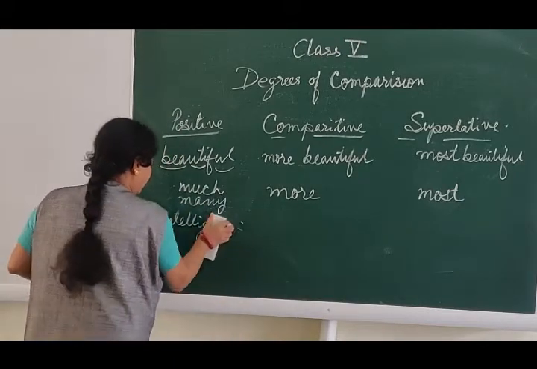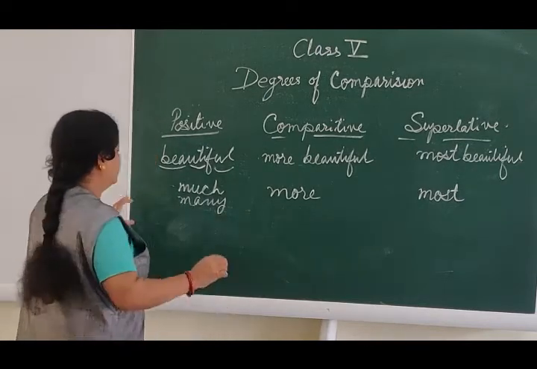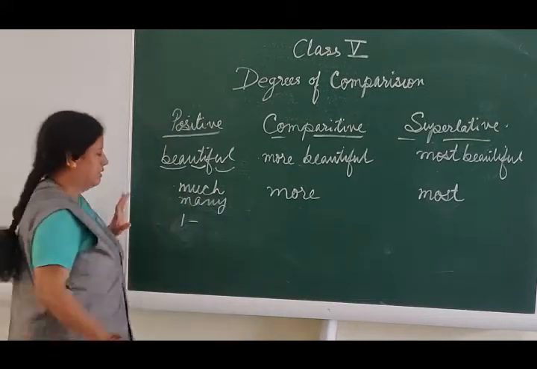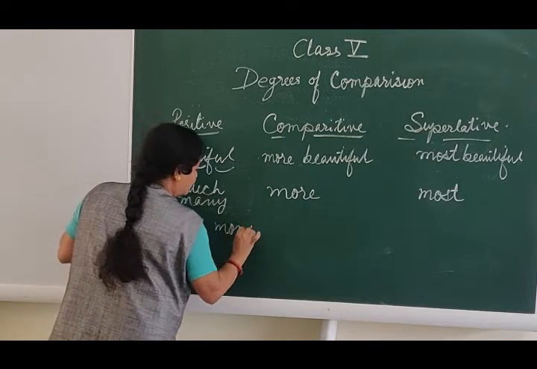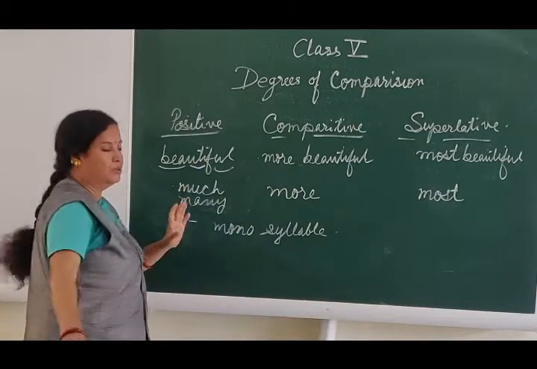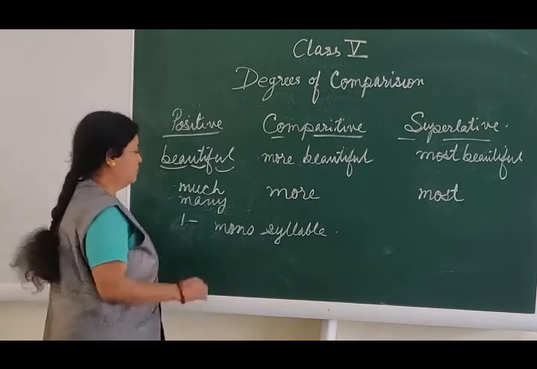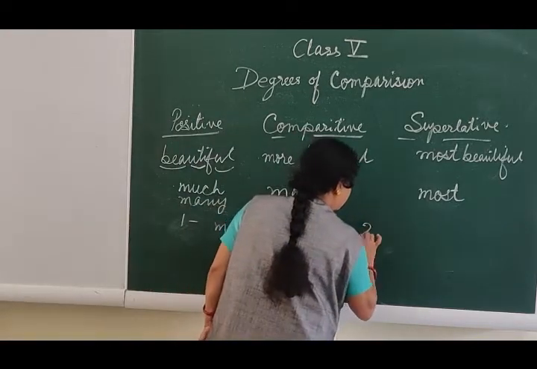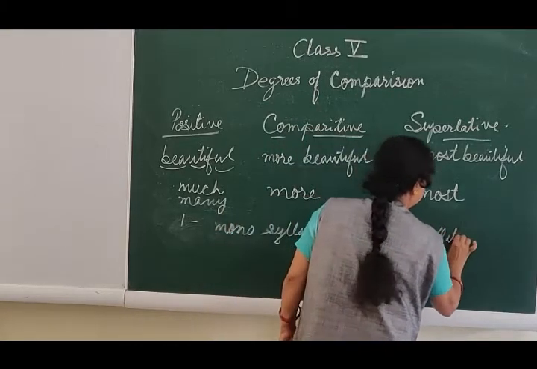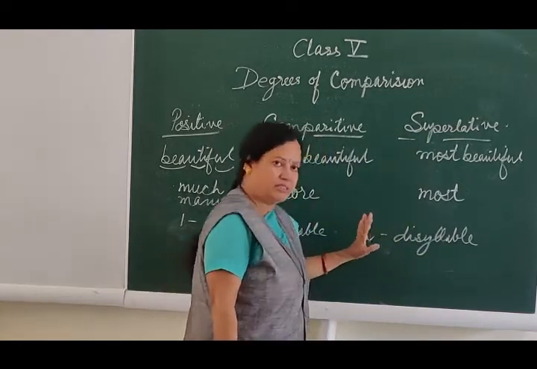So again I am telling you about syllables. If the word can be broken into one part, we call it a monosyllable, and we put ER and EST for comparative and superlative. If it has 2 parts, it is a disyllable or two-syllable word, and we add ER and EST here also.